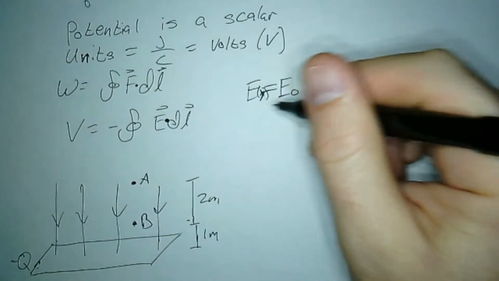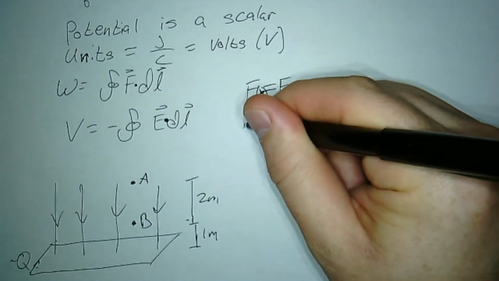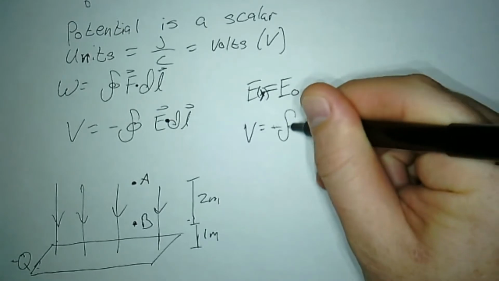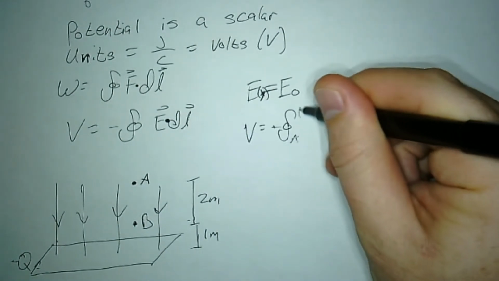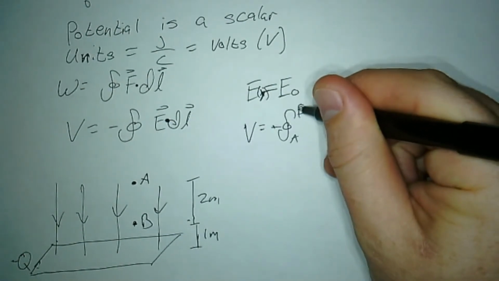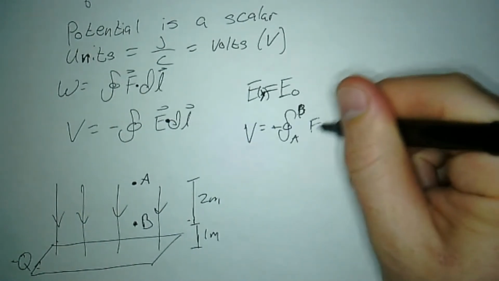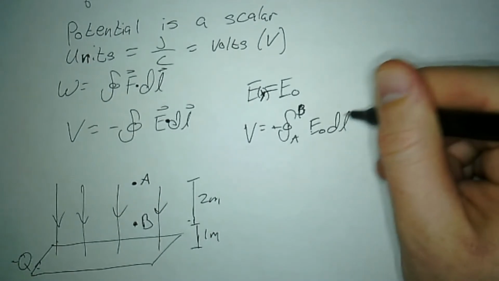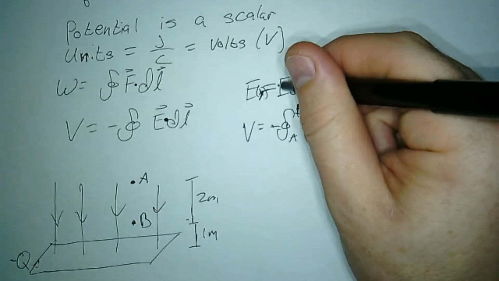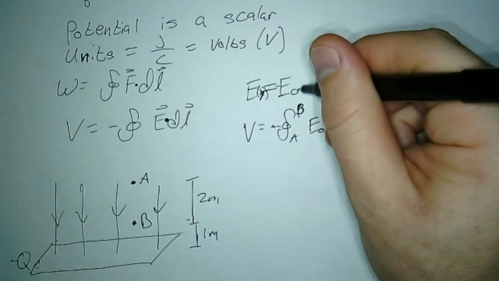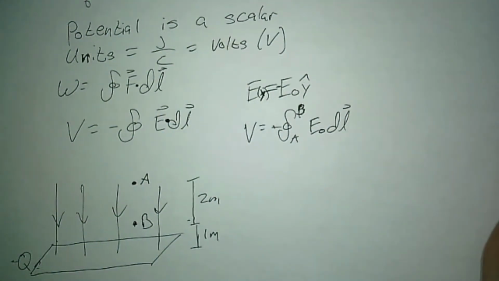So to get my potential, I'm going to say potential is minus the path integral from A to B of E naught dl. And to be clear, we should say E naught is minus because it points downward in the y direction.